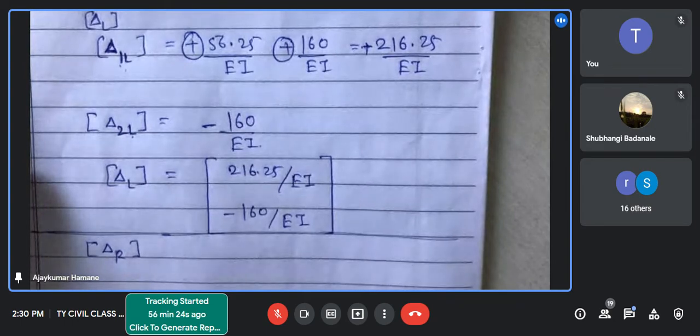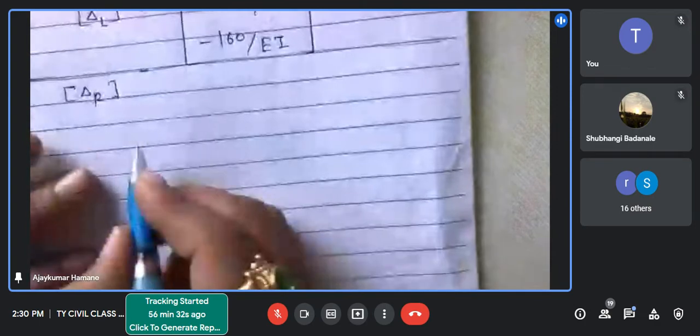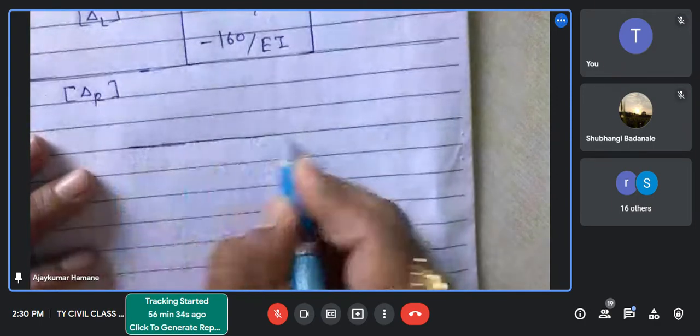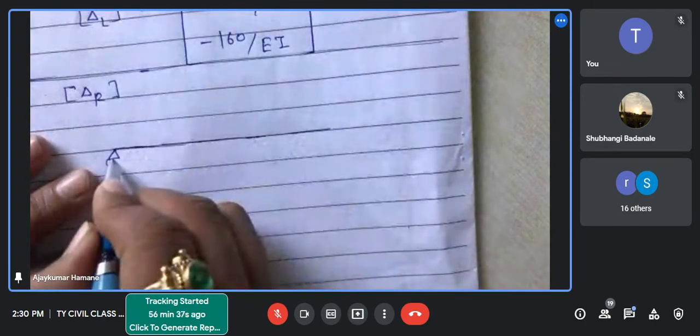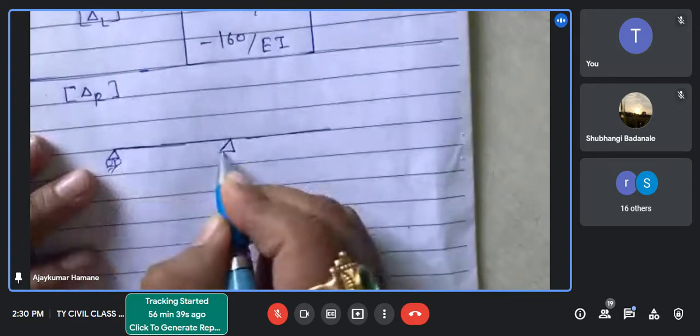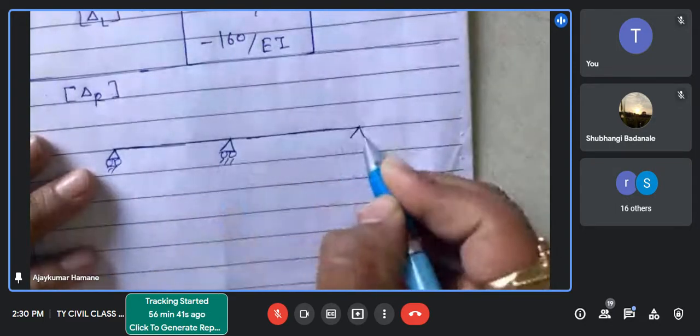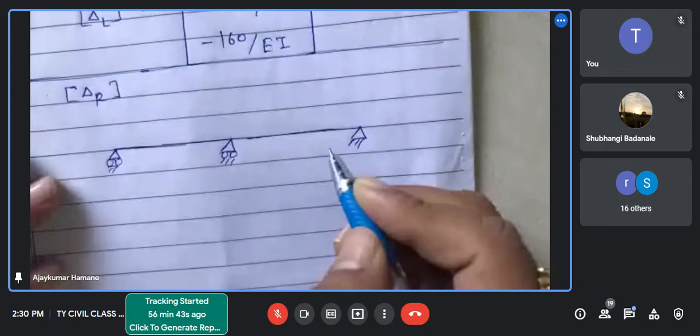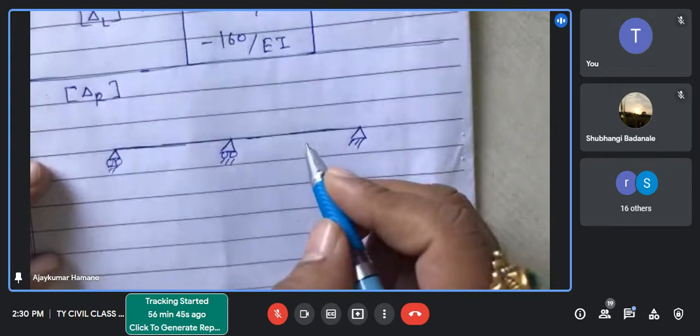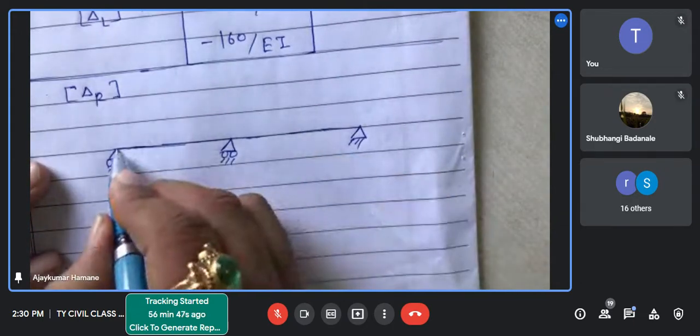It is the displacement at the coordinates due to the redundants acting on the released structure. Correct? In the released structure, there is no loading. We have roller support here, roller support here, and pin support here.